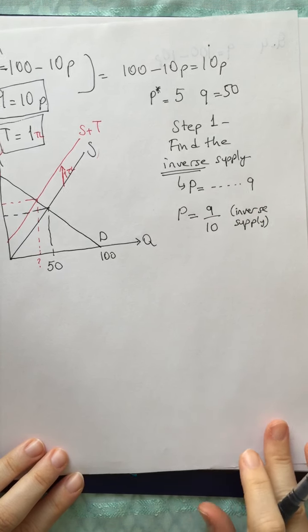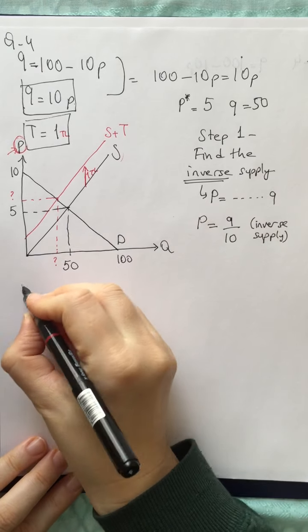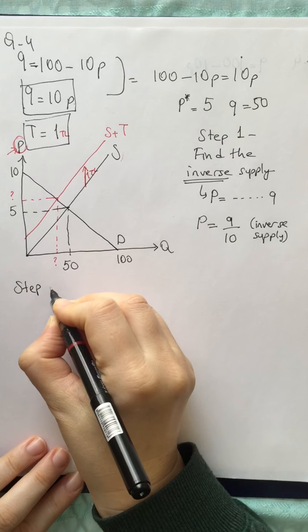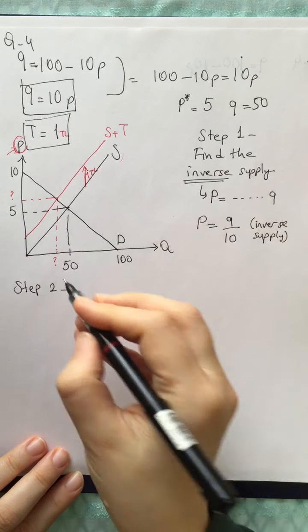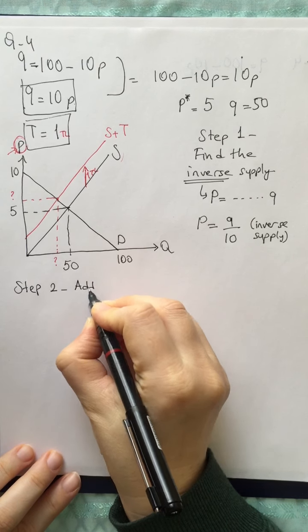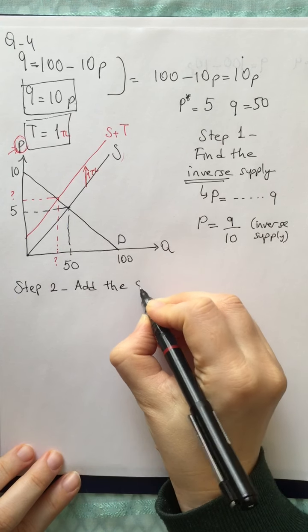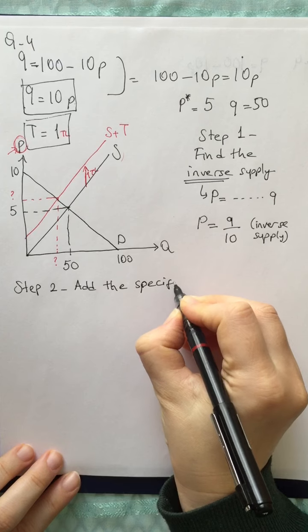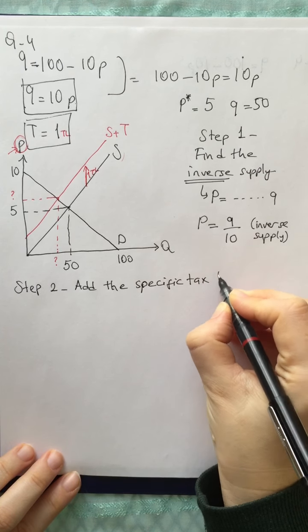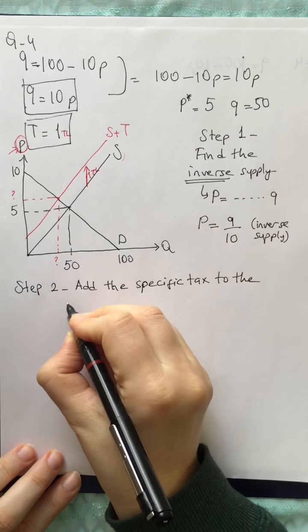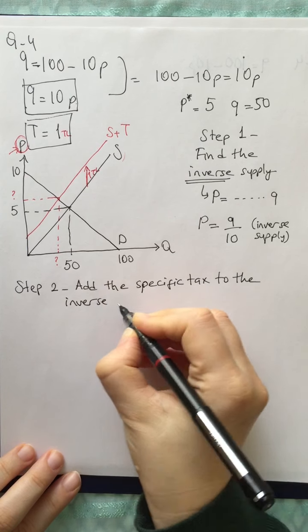In step 2, add the specific tax to the inverse supply.